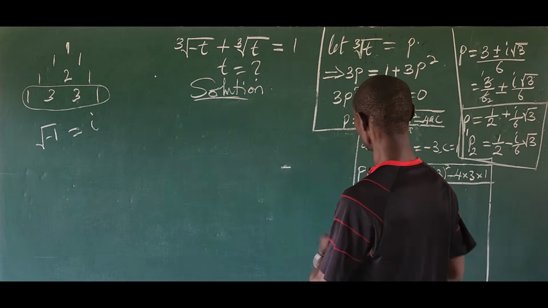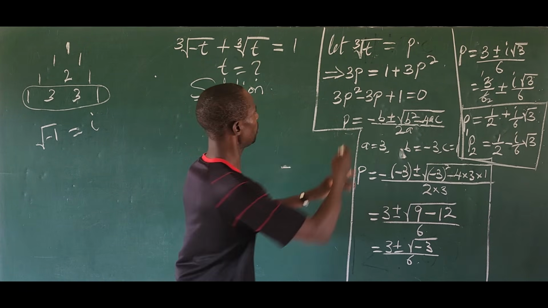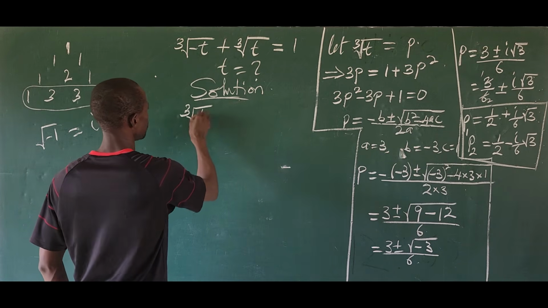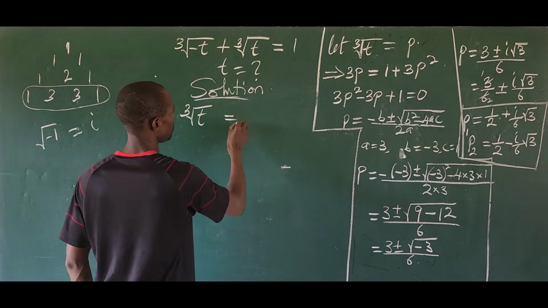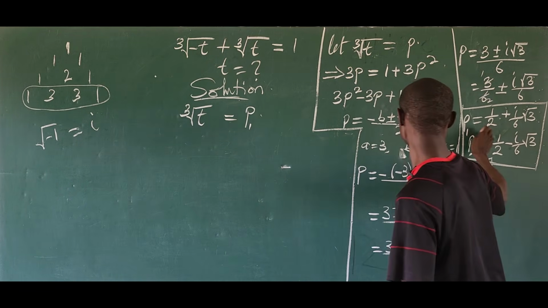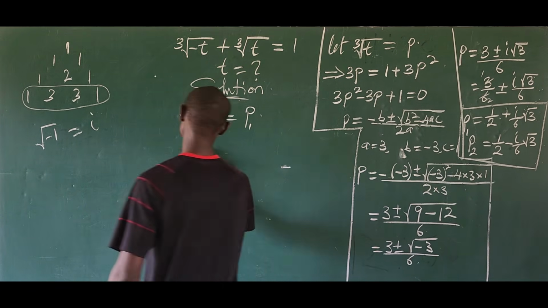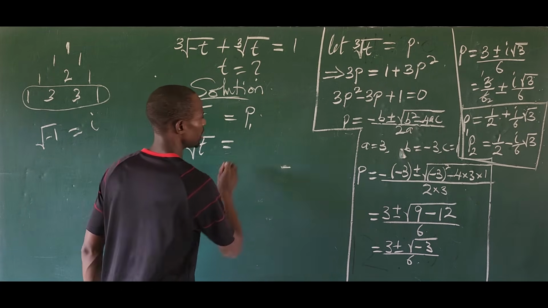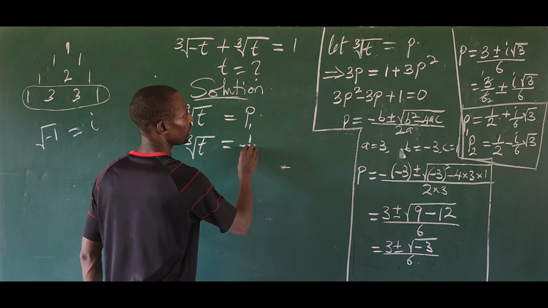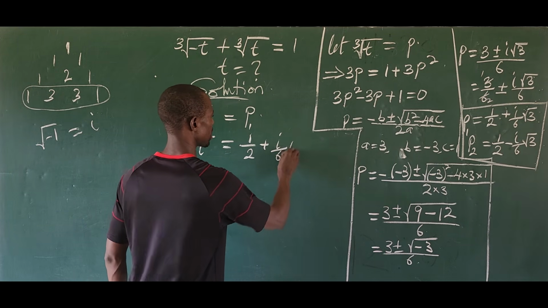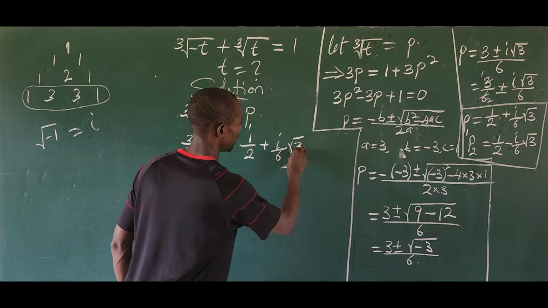Okay, now let's continue. From here, we said that the cube root of t should be equal to our p. So let's take this as p1, the first one here. If we replace that, this gives us the cube root of t equal to 1 over 2 plus iota over 6 root 3.